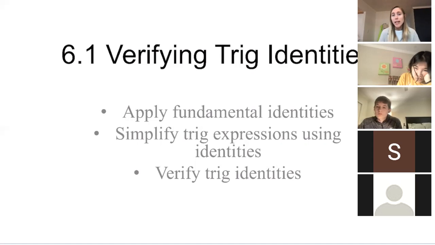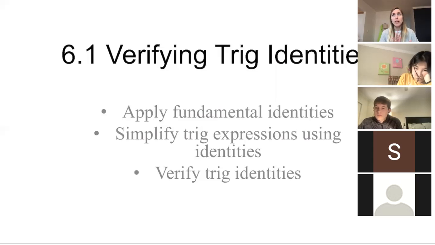And the fundamental identities are going to be identities that you should just be familiar with. And we're not talking about all of them in 6.1. We're going to kind of introduce some more as we go in 6.2, 6.3, 6.4. I'm going to tell you the ones that you need to memorize, okay? And I will tell you the ones that I will give you.